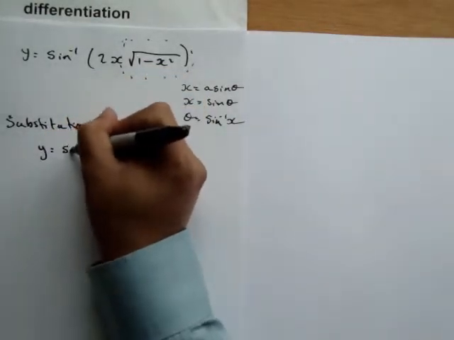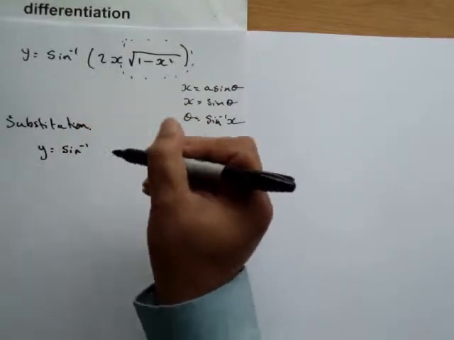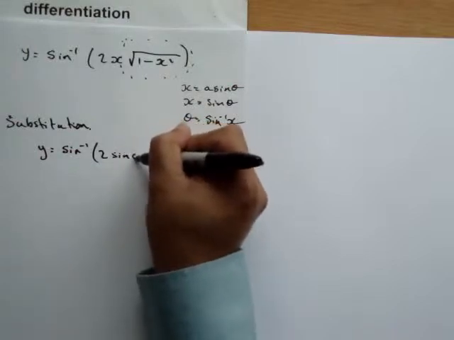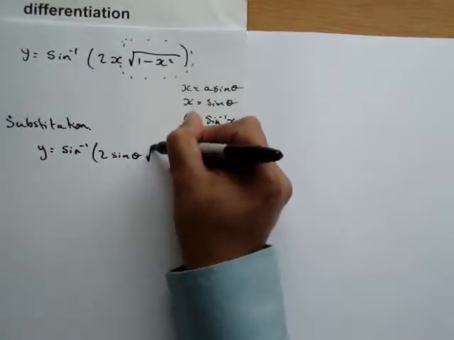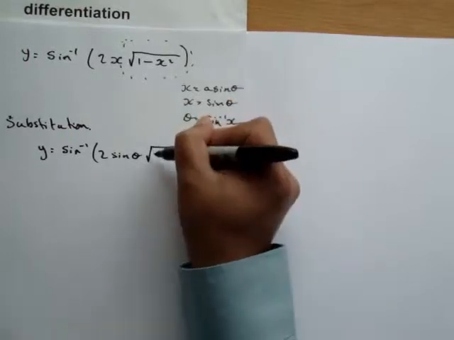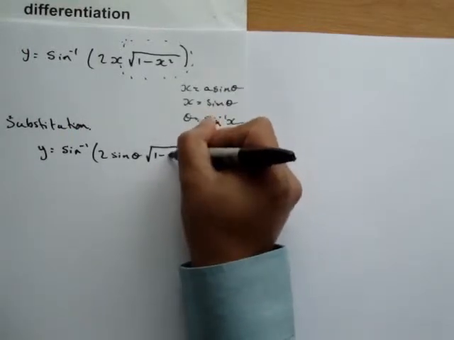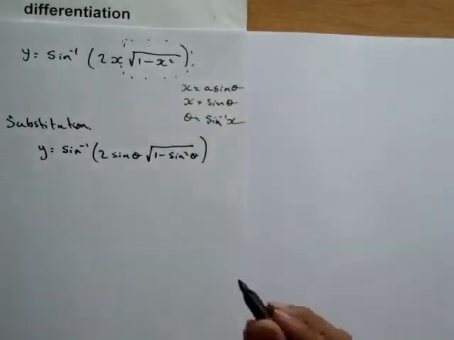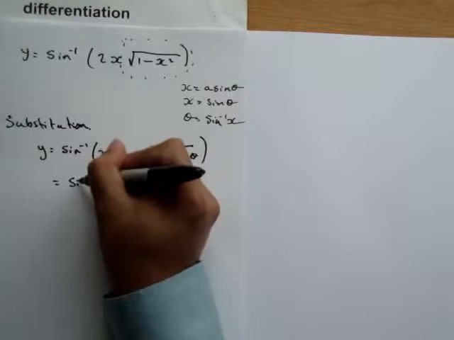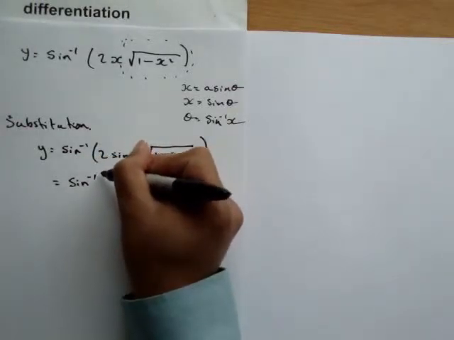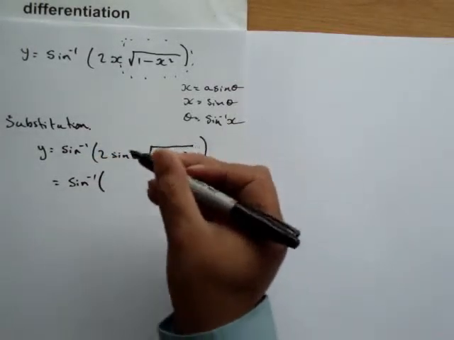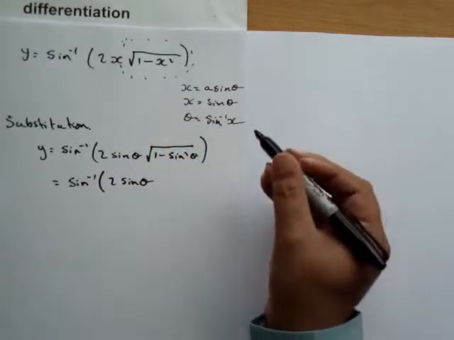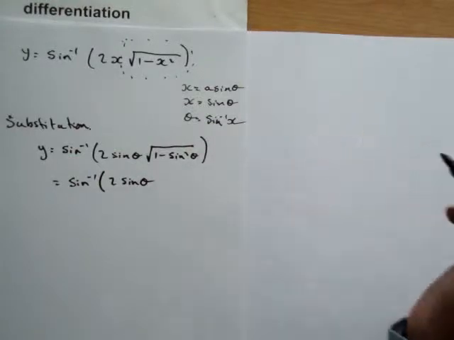y equals inverse sine. So the x becomes sine theta, 2 sine theta, and we have the square root of 1 minus, and the x is sine squared theta. So inverse sine of 2 sine theta times the square root of 1 minus sine squared theta. Let's have an aside here.